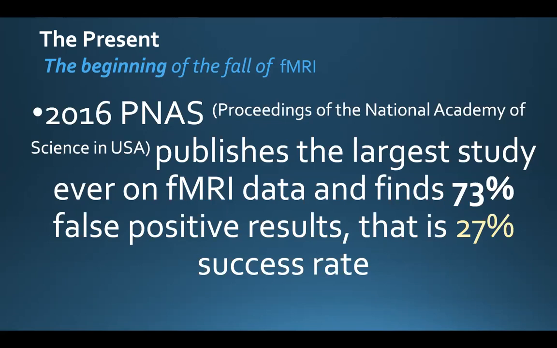False positive meaning there's nothing there and you find it. It's not raining outside in Paris, but your test tells you it's raining. And you can look, there's no rain. So you're wrong 73% of the time, and you're right, hopefully in my opinion by coincidence, 27% of the time. So you're correct 27% of the time when you do an experiment.